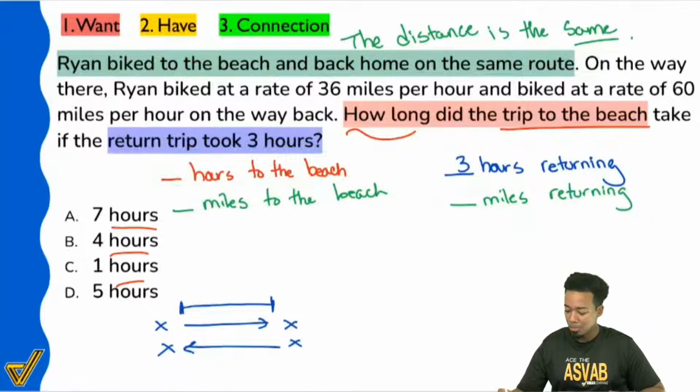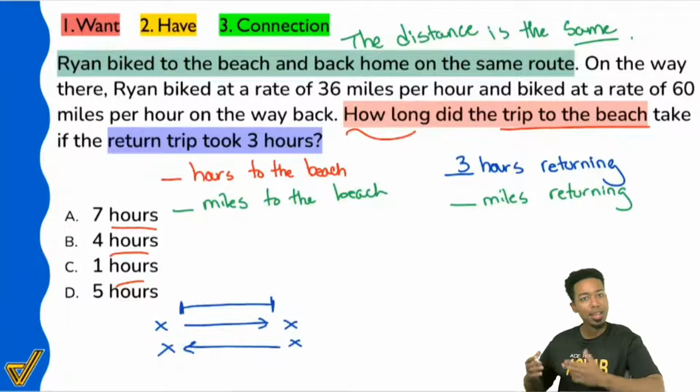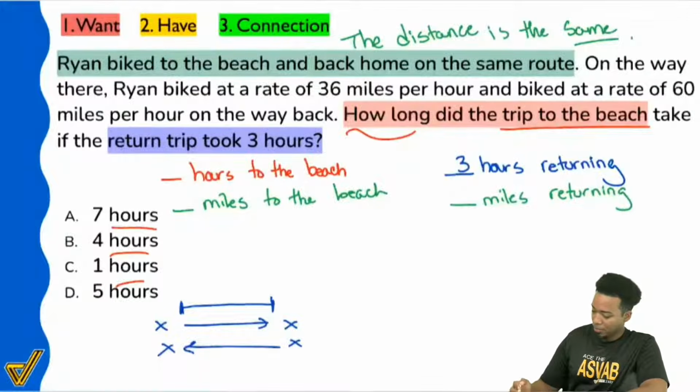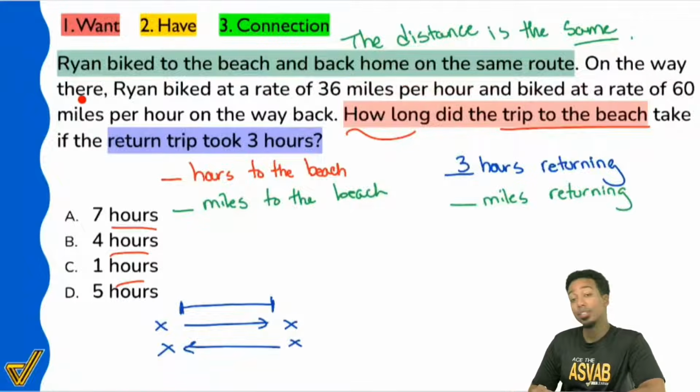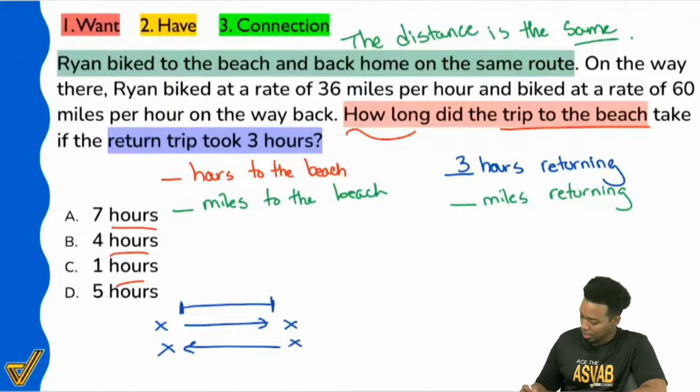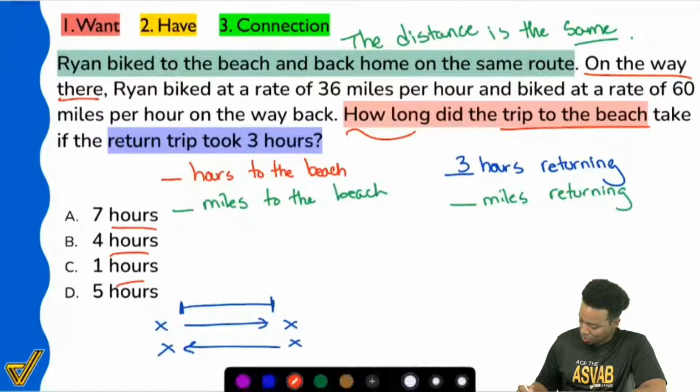But as you might predict, it's not going to be that simple. So let's keep looking at the information. On the way there, Ryan biked at a rate of 36 miles an hour and biked at a rate of 60 miles per hour on the way back. Let's organize that. So we have here, on the way there, we can highlight that in red.